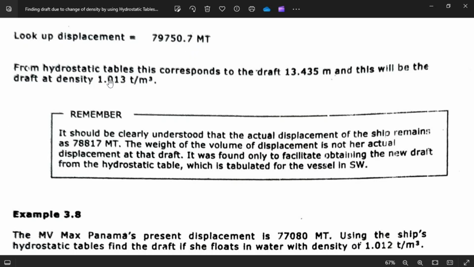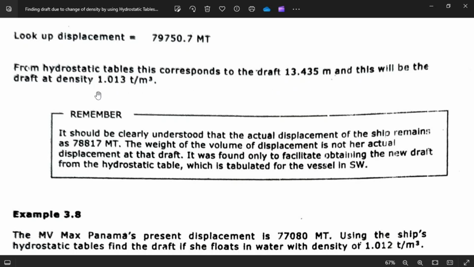From the hydrostatic tables, this corresponds to 13.435, and this will be the draft at the density of 1.013. So this will be your displacement, and your draft will be 13.435.